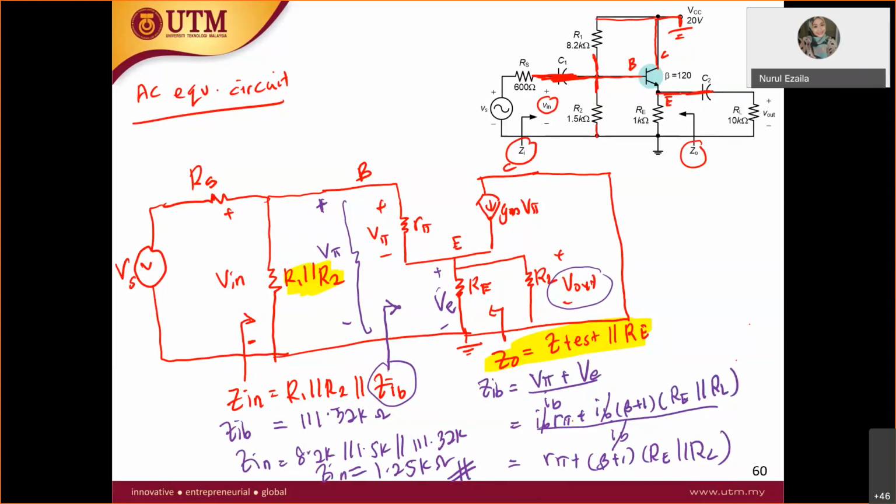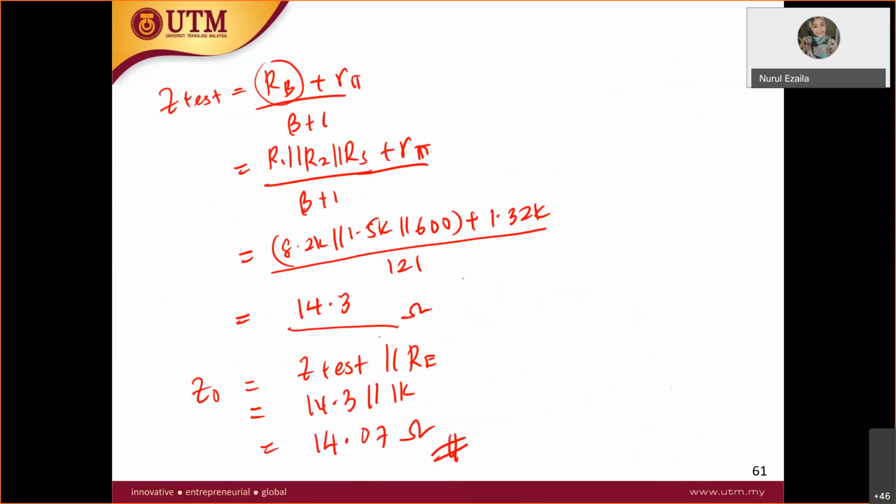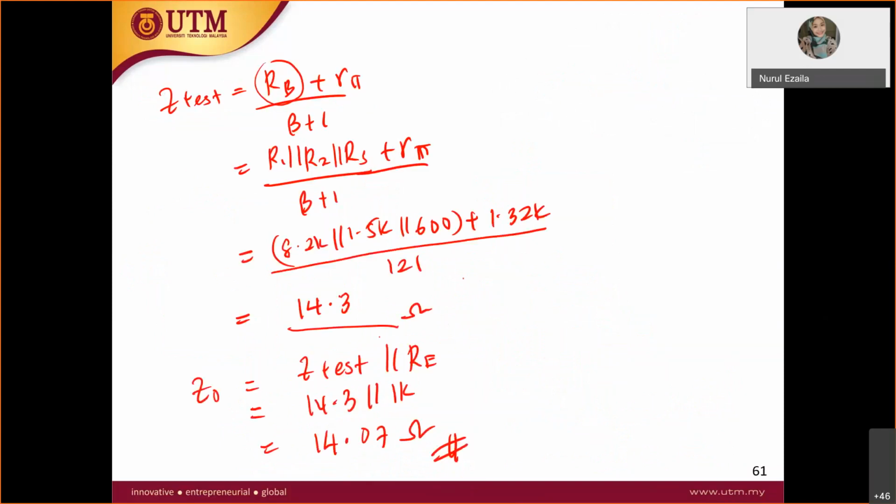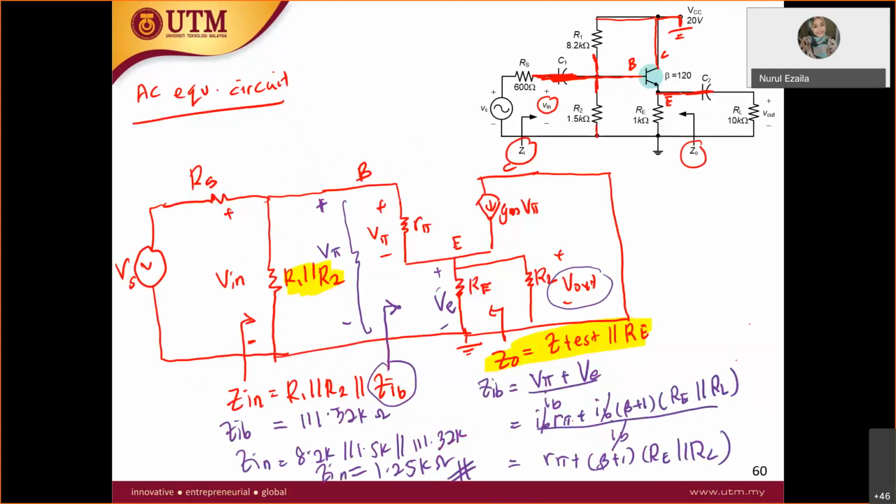For the V in, I usually won't ask you about the VOC, you can straight away do it. So in this case, V out equal to the VE, VE is the current here, beta plus 1 and everything there.